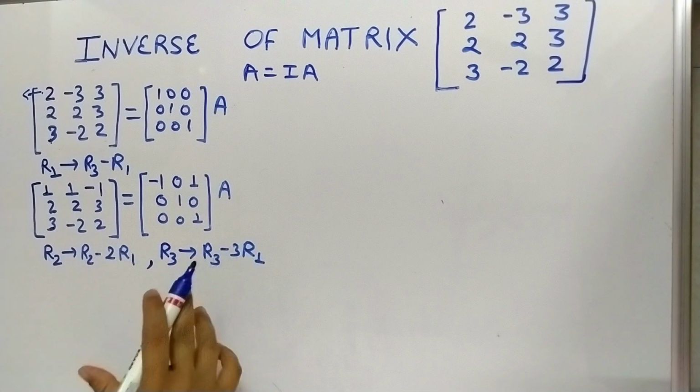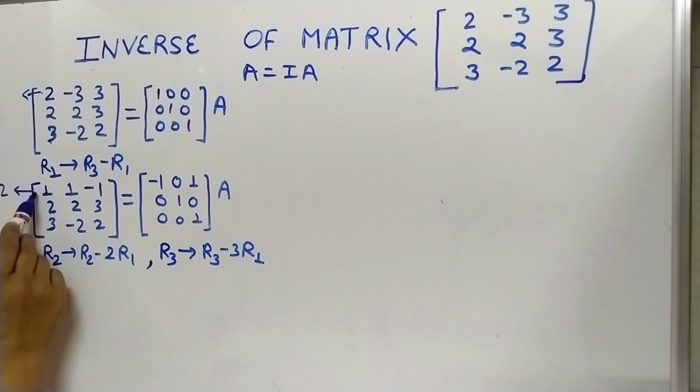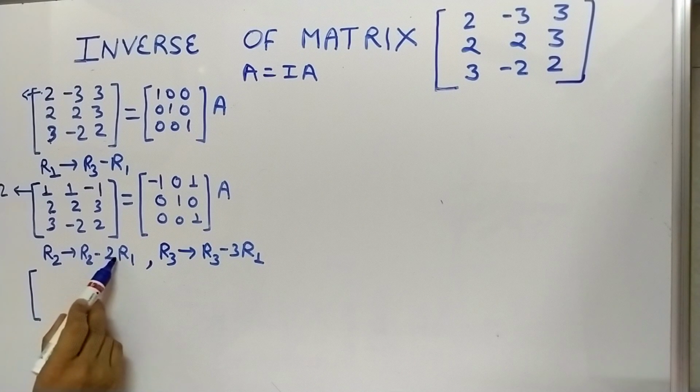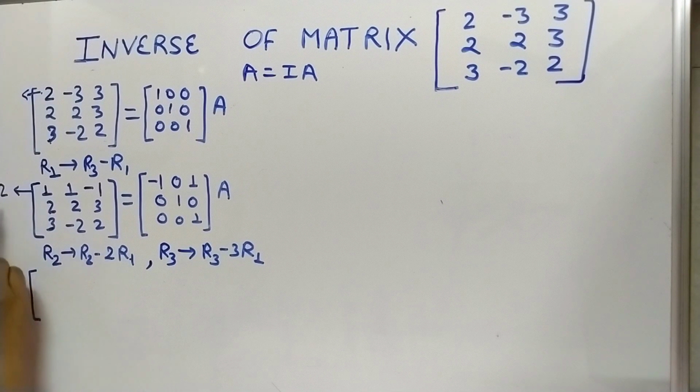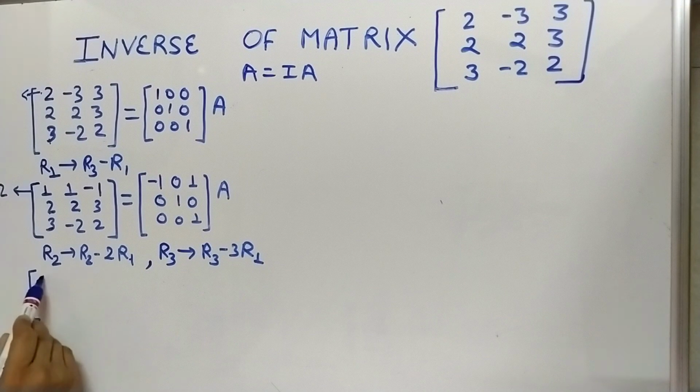Now you can take two operations together, it's not a problem. So for finding this, multiply your first row with minus 2 and then add it to the second row, because we have taken R2 minus 2R1. So it will be minus 2 plus 2, 0.